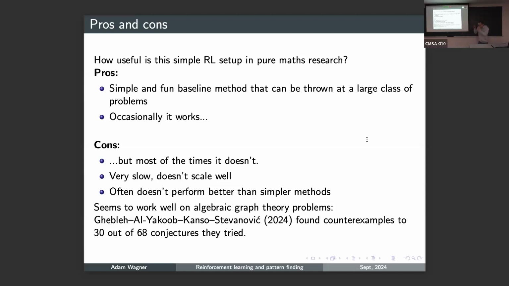They tried very specific types of algebraic graph theory conjectures. They found a list of 68 conjectures, and they managed to refute half of them. I mean, this probably says a lot more about the quality of the conjectures than the method itself.